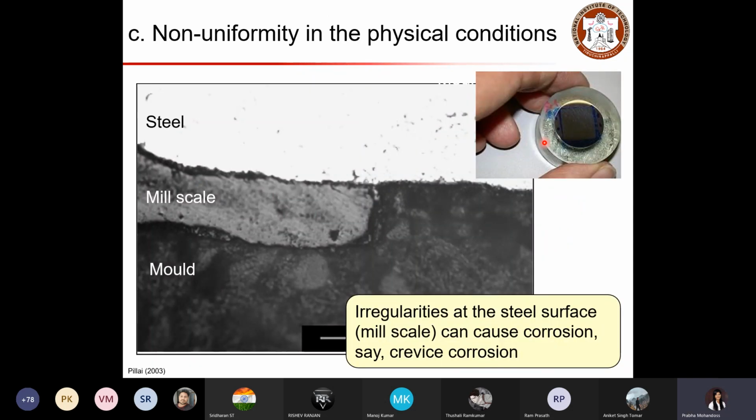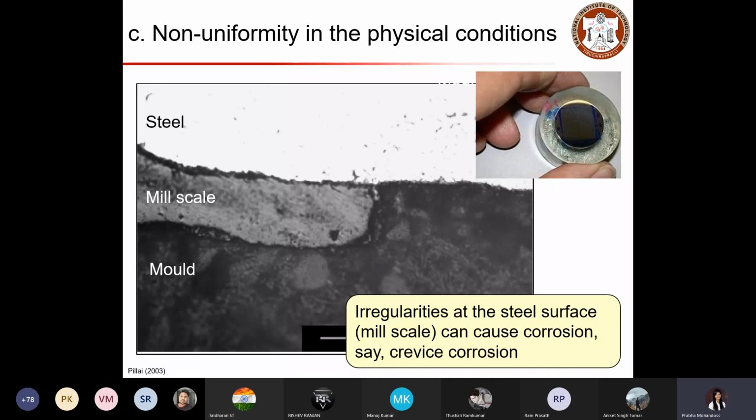The next case is physical conditions, the non-uniformity in the physical conditions that we have. This basically represents when we have steel rebars manufactured from the industry. While manufacturing the steel rebar, it undergoes several processes under different temperature conditions.